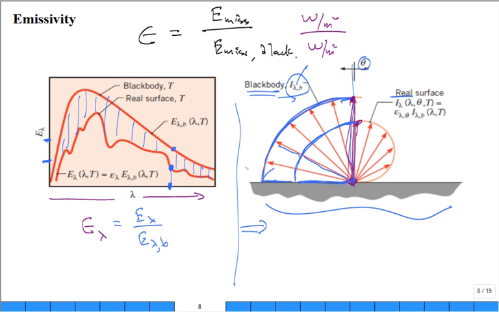And then you would talk about the emissivity as a function of wavelength, as a function of the polar angle, and here it would be the ratio of those two. That would be the emission at that wavelength in that direction, the emission wavelength black body in that direction, which would be cosine.